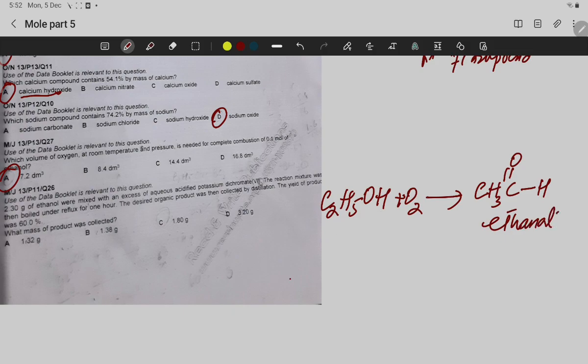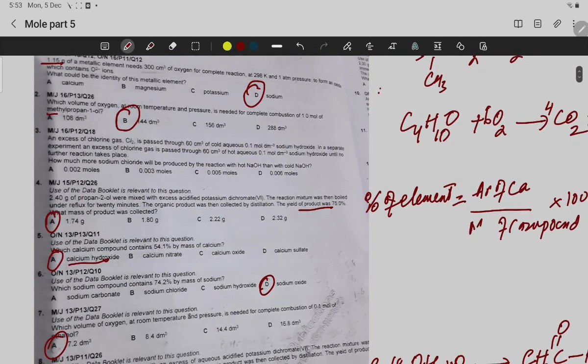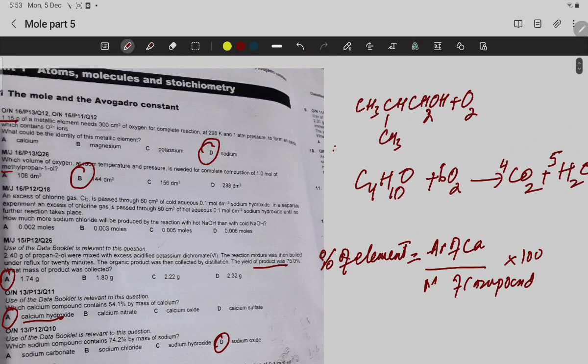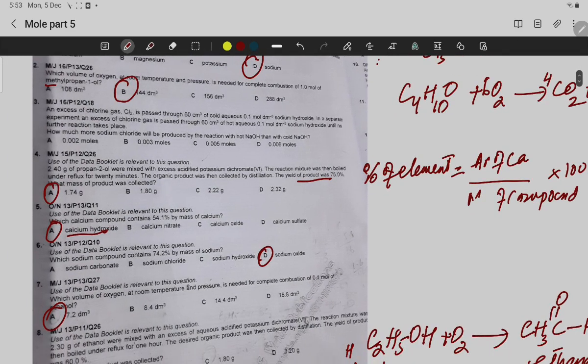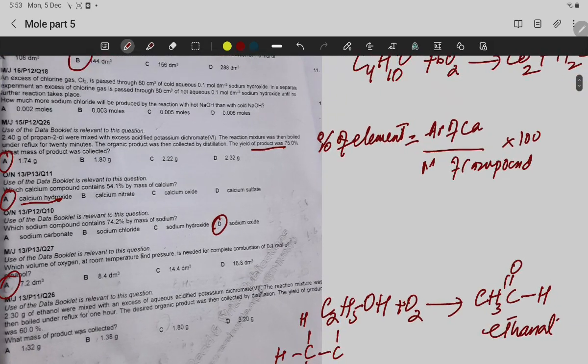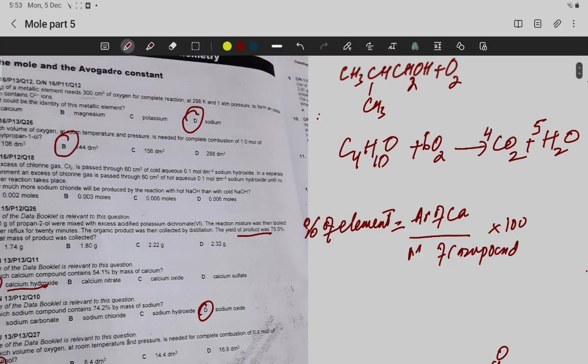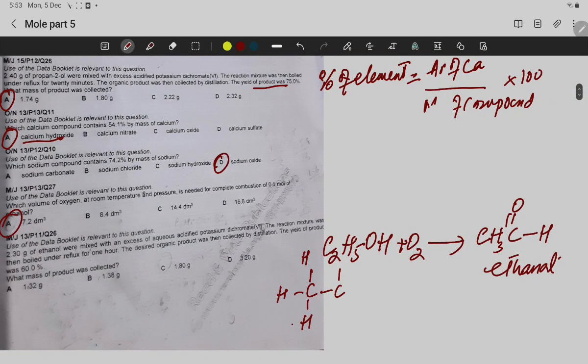And when OH is present at carbon 1, this compound is formed. And if OH is present like in this question, this is propan-2-ol, because there is CH3 present.